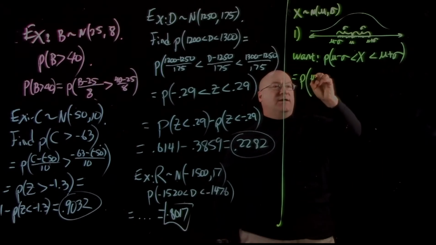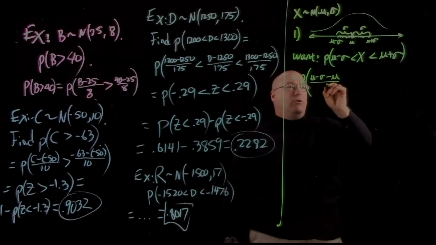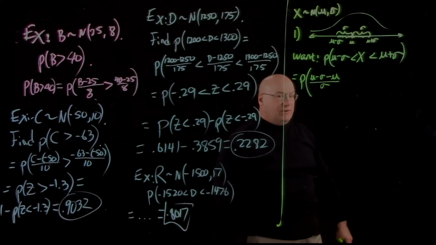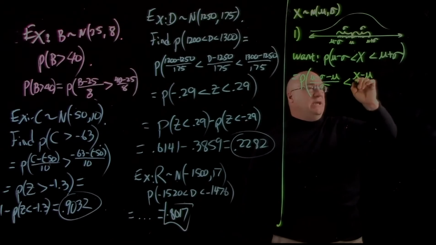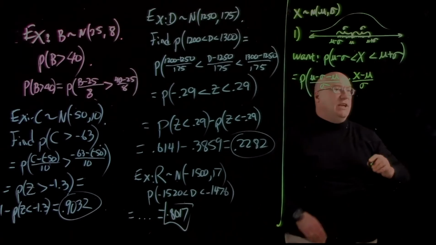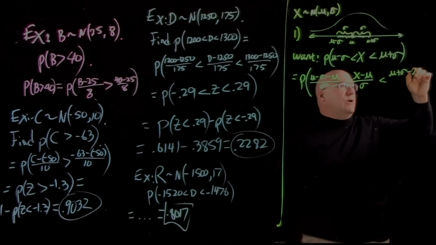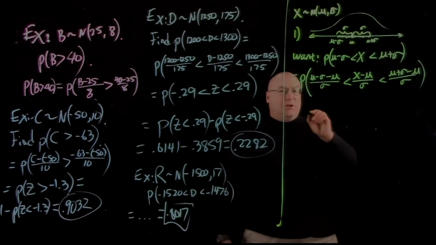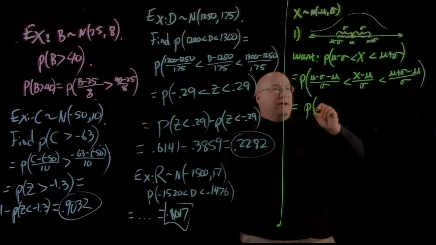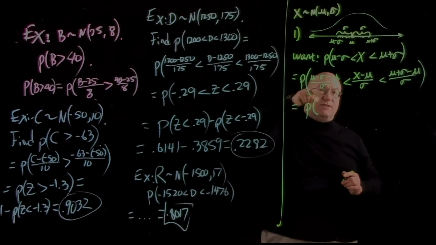We take this number and we subtract the mean and we divide by the standard deviation. Over here, I take X, I subtract the mean and I divide by the standard deviation. And over here, my number mu plus sigma, I subtract the mean and divide by the standard deviation. The result is mu minus mu goes away. I'm left with negative sigma over sigma.